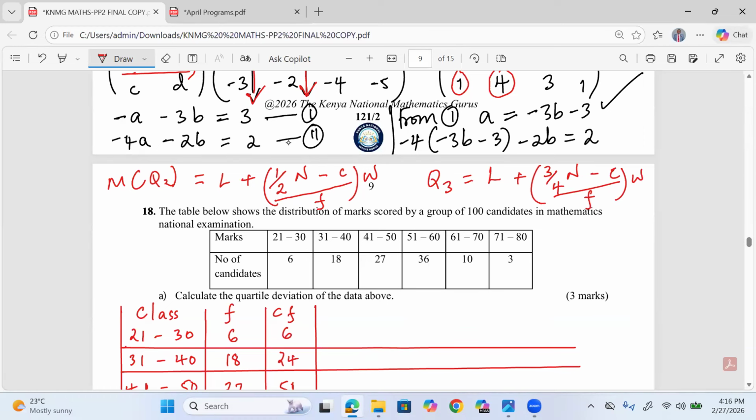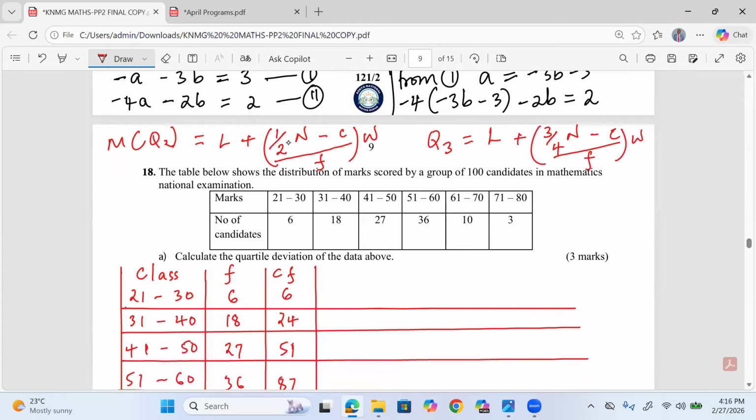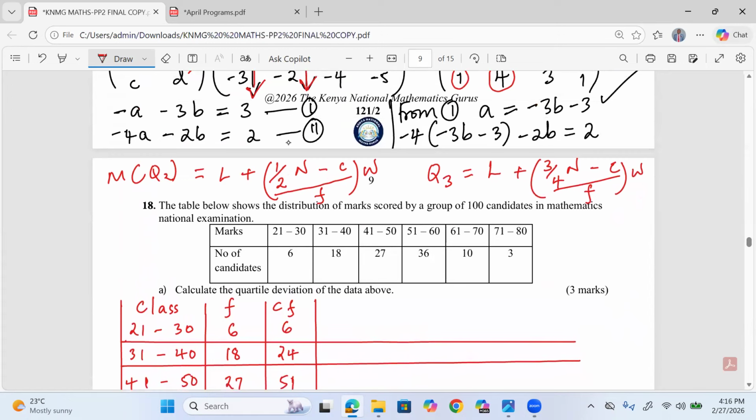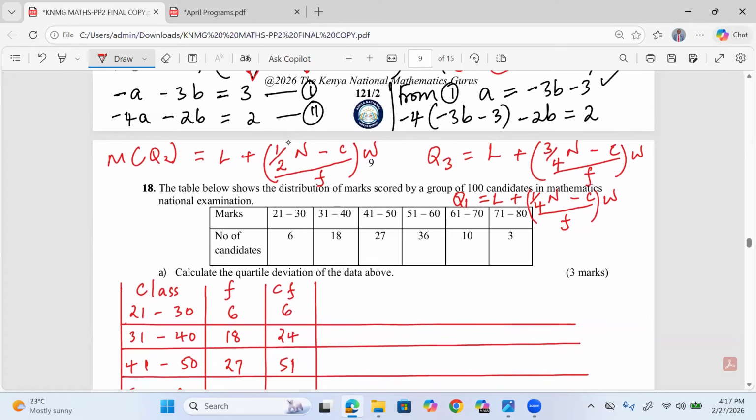After that, we have Q1, the lower quartile. We need the lower class boundary plus a quarter of the total frequency minus the cumulative frequency just before the Q1 class, out of the frequency of the Q1 class, and all this should be multiplied by the class length of the Q1 class.